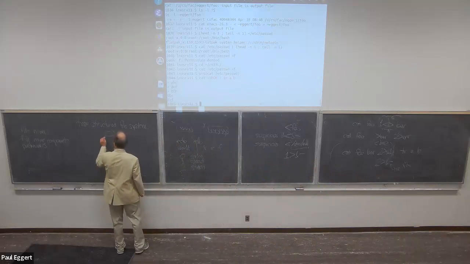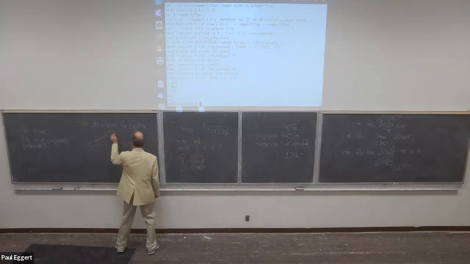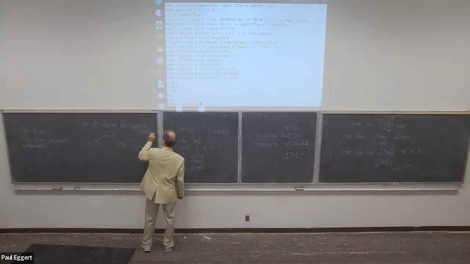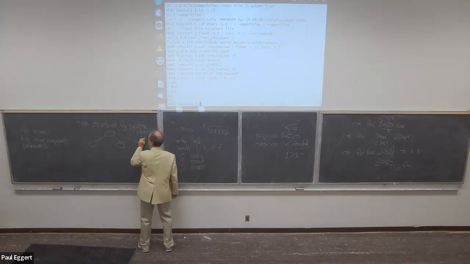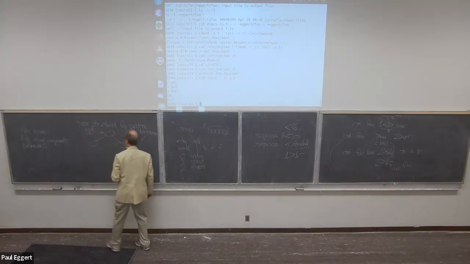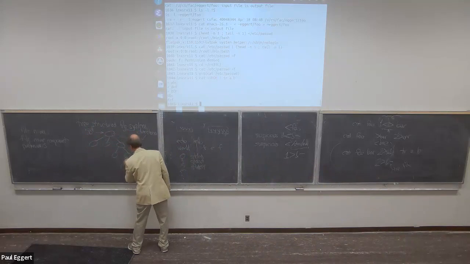The internal nodes of the tree are directories. There's a directory sitting at the top called the root directory. Okay, and we can have lots of directories and they can nest as deep as we like.